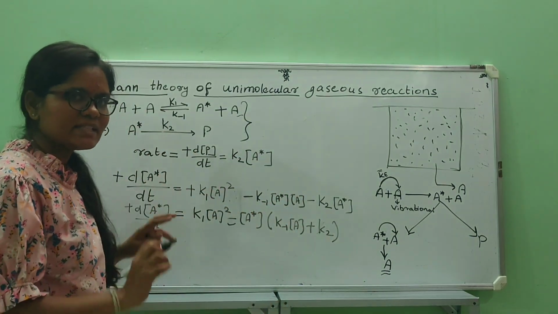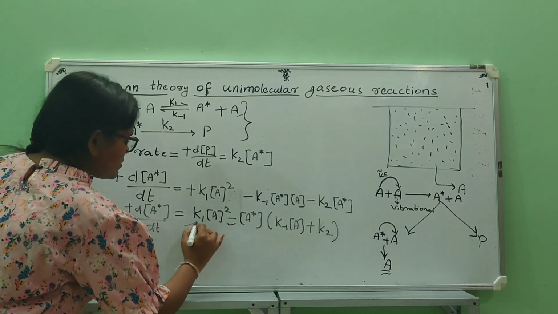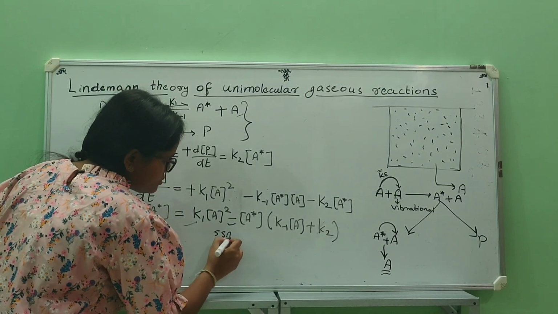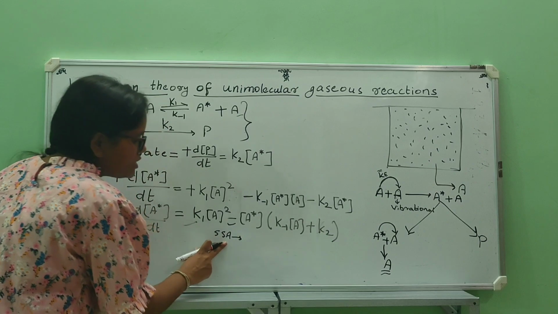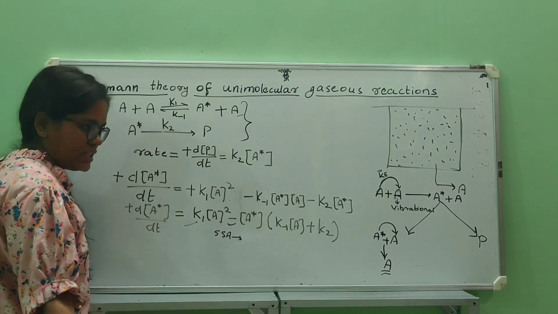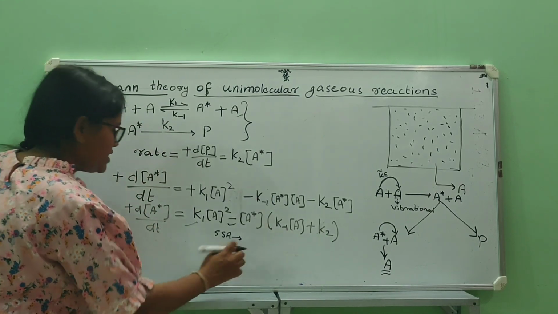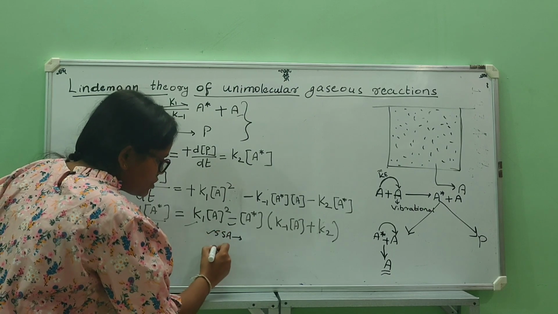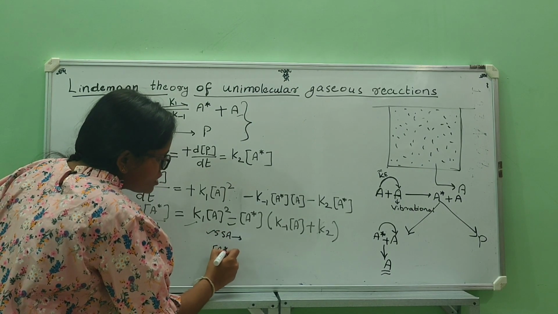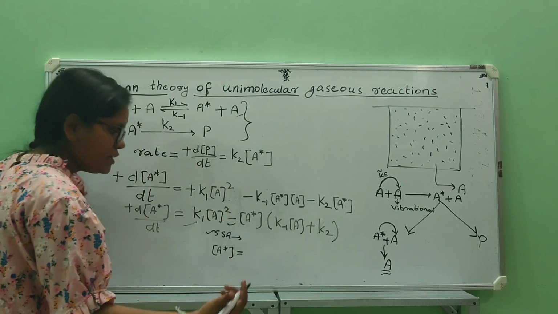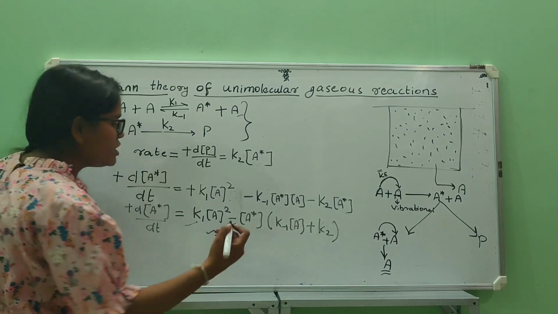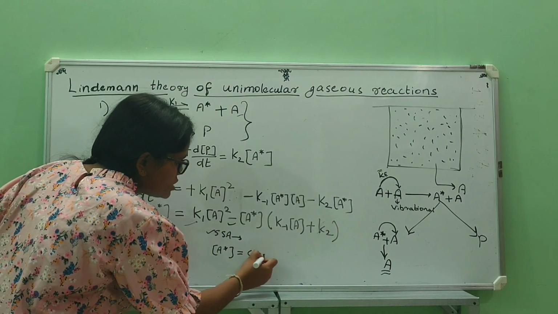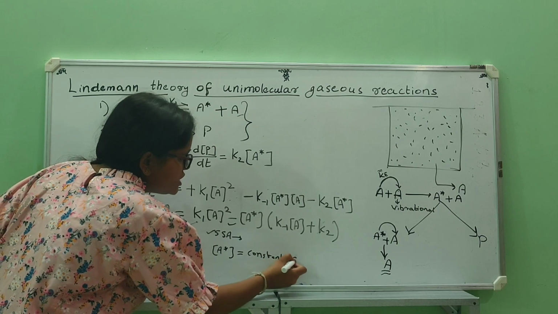Now we need to apply the steady state approximation to this step. So what is the steady state approximation? I have explained this in detail in enzyme substrate catalysis. Here I will give you a brief idea. According to the steady state approximation, the concentration of any short-lived or unstable species is considered to be constant for a short period of time dt.